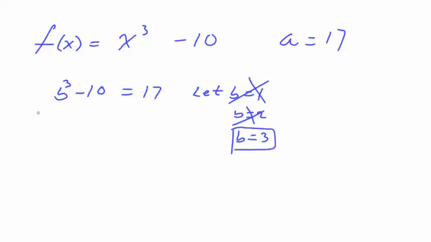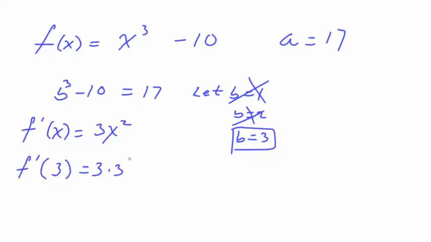And then what we're going to do is just take the derivative. So f prime of x is equal to 3x squared, and of course the derivative of minus 10 is 0. And then f prime of 3 is equal to 3 times 3 squared, and that turns out to be 27.